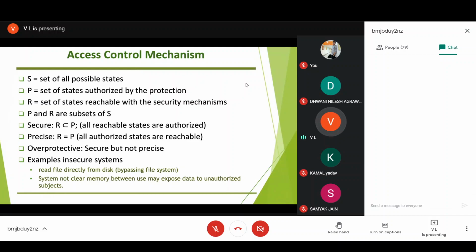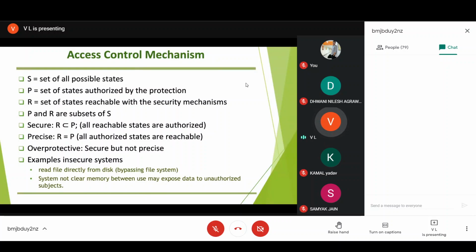So now, access control mechanism. Let's say we have implemented some security mechanism, and S is the set of all possible states, P is the set of states authorized by the protection policy, and R is the set of states reachable with the security mechanism.